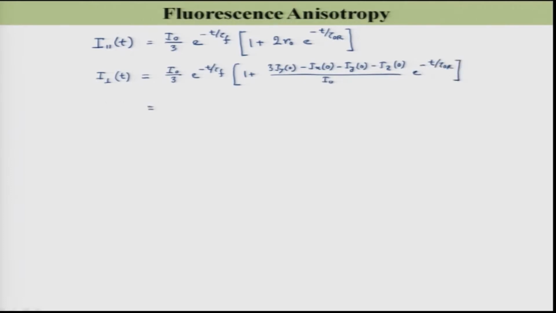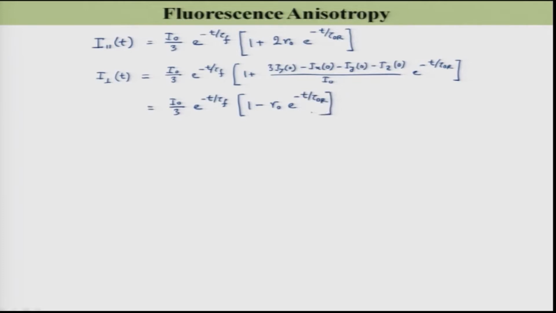So, this is I 0 by 3 e to the power minus t by tau f, and from here it will be minus, so into 1 minus r 0 e to the power minus t by tau r.